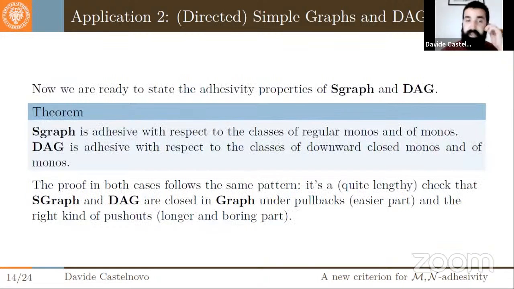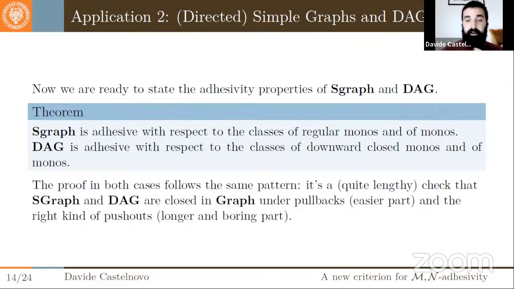And now we're ready to state the adhesivity properties of these two categories. So SGraph is adhesive with respect to the classes of regular monos, that are edge reflecting monomorphisms, and of monos, while DAG is adhesive with respect to the classes of downward closed monomorphisms and of general monomorphisms. And the proof in both cases is simply an application of our criterion.